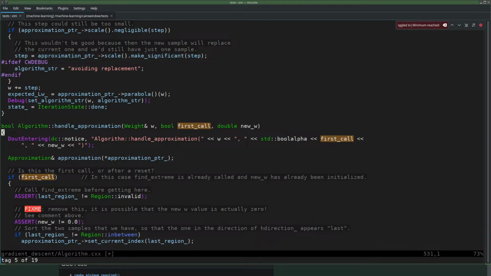Why am I calling handle approximation at all then? This is an approximation that belongs to a local extreme that we already found. Just to increase the scale? Or was that already... Has that already happened?